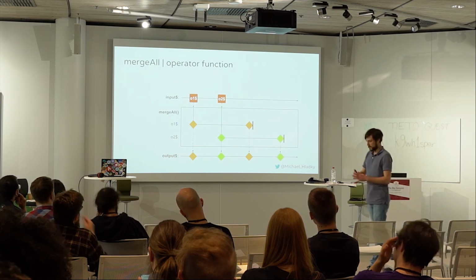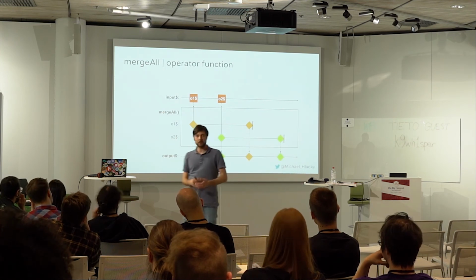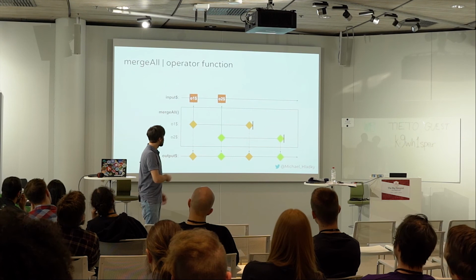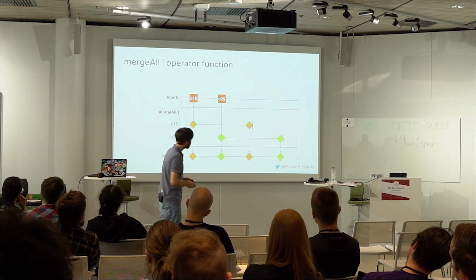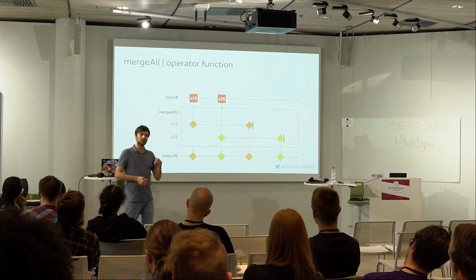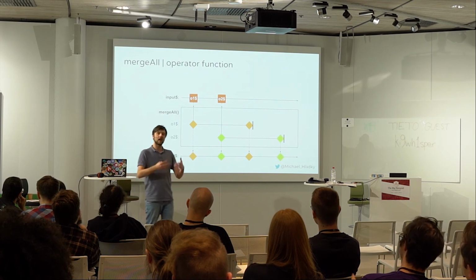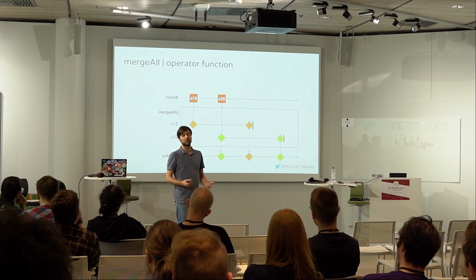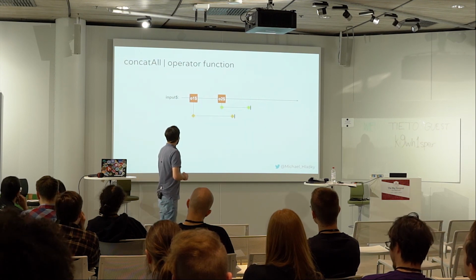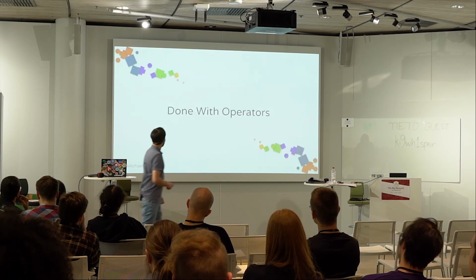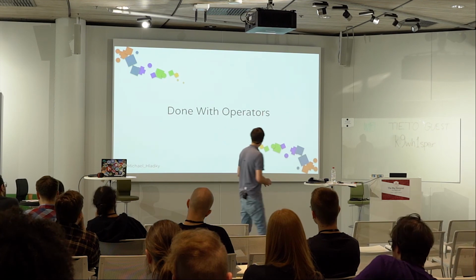Also, the second value, which is another observable, is internally subscribed to, and all the other emissions are also merged together in one. Pretty much as merge would do, but the difference here is that our input stream is a higher order observable and not an array of observables. This is really the only difference. Let me quickly skip the other one and sum everything up.